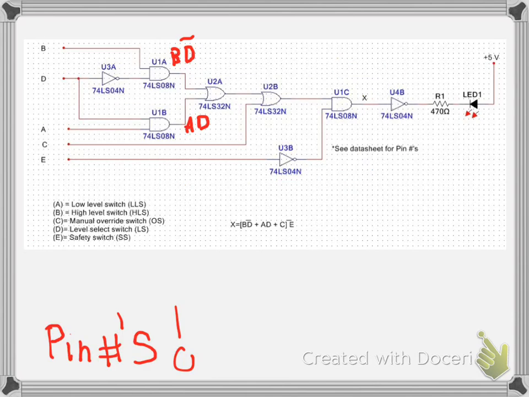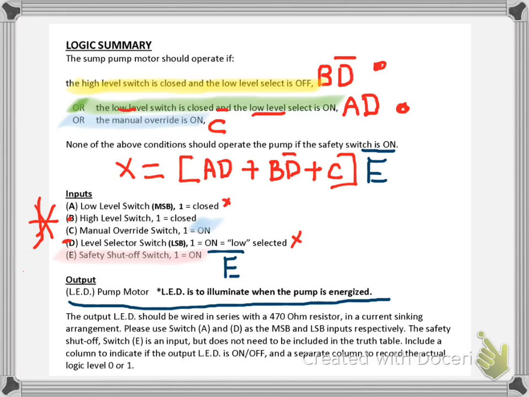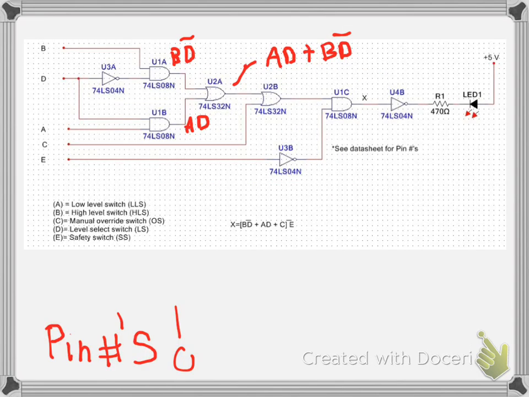And this point is going to be A ANDed with D, ORed with B D not. And then right here, it's getting kind of messy, sorry, it will be ORed with C. So this is X right there. So that's the equation.